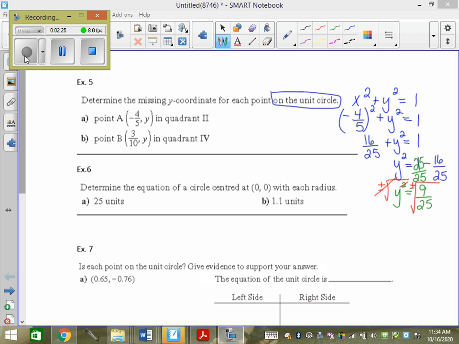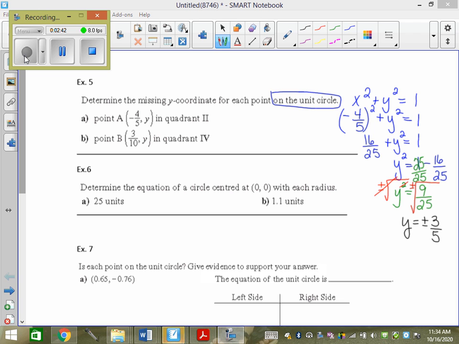So here we can square root the top, we can square root the bottom, so we're going to get y equals plus or minus 3 over 5. If all the information they gave me was the point is negative 4 over 5 and y, and it's on the unit circle, that would be my answer. I could have 2 points.